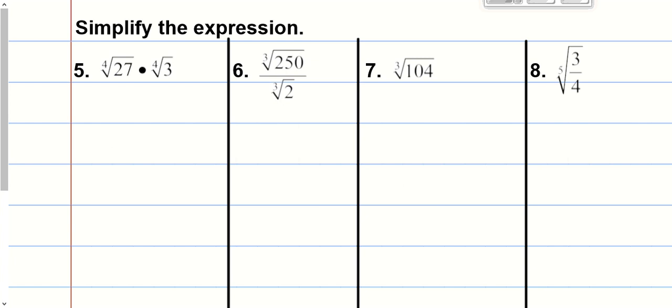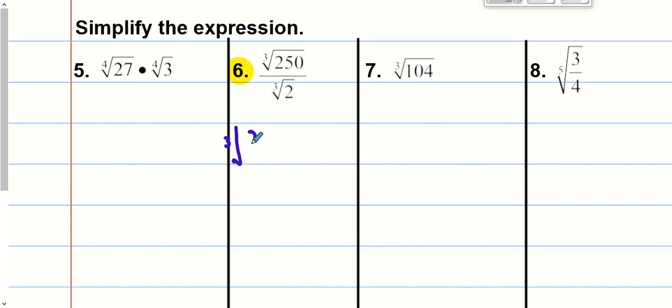All right, let's do number 6 because it's a fraction. On number 6, I have the cube root of 250 divided by the cube root of 2. Well, on this one, I can put those under the same fraction.